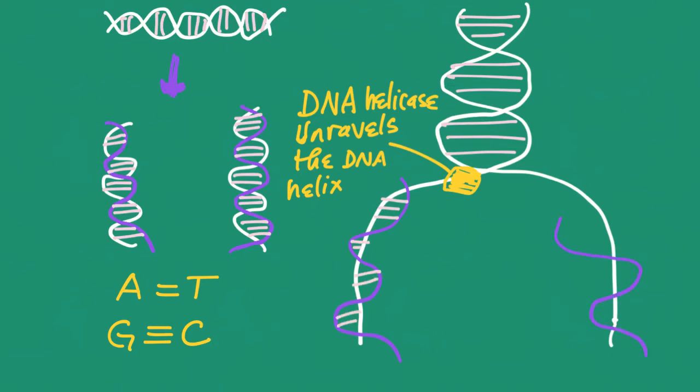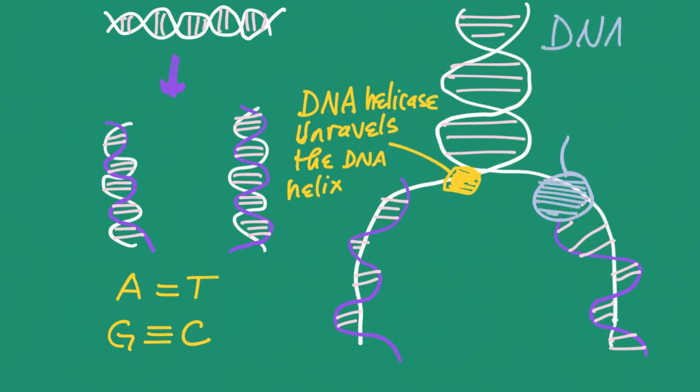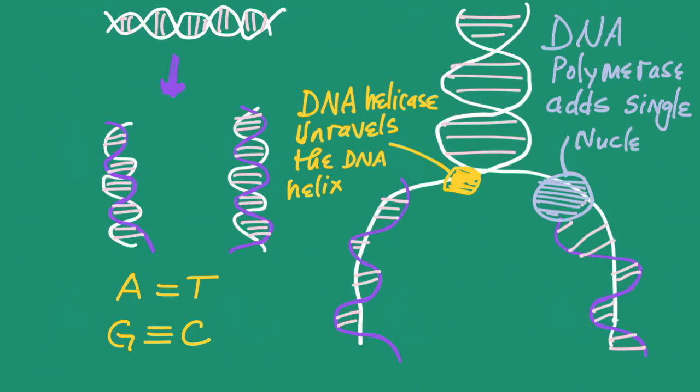If there is an A, a T will be added. If there is a G, a C will be added, and so forth. This is brought about by the enzyme DNA polymerase. As the name indicates, DNA polymerase makes a DNA polymer by adding one nucleotide at a time to match the nucleotide sequence in the original strand.